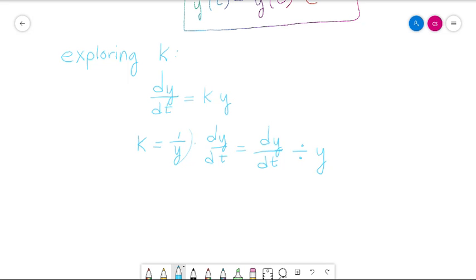Okay, so what this is saying, let's break this expression down into just words. This is our growth rate with respect to t, right? dy dt is the growth rate. The derivative is the rate of growth. Derivatives are rates of change, so it's the growth rate. Divided by y, and y, remember, is the population size.